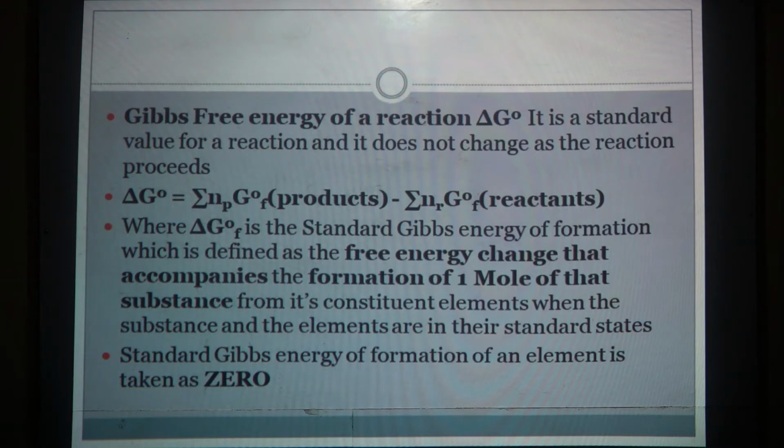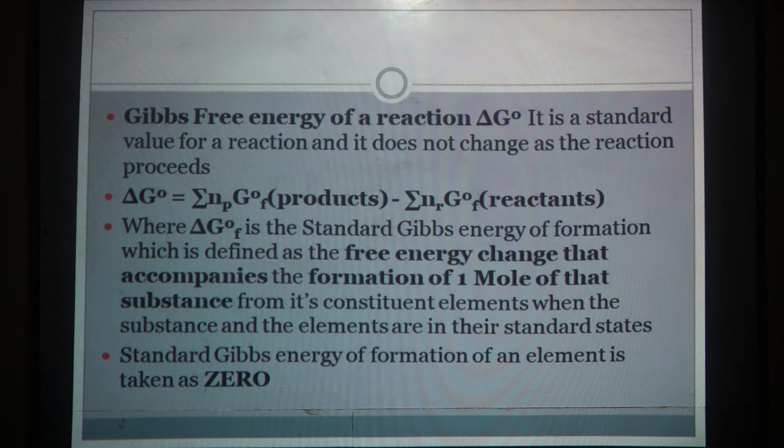So, delta G0 is equal to the summation of n_P G0_m of products minus the summation of n_R G0_m of reactants, where G0_m is the standard Gibbs energy of formation, which is defined as the free energy change that accompanies the formation of 1 mole of that substance from its constituent elements when the substance and the elements are in their standard state.